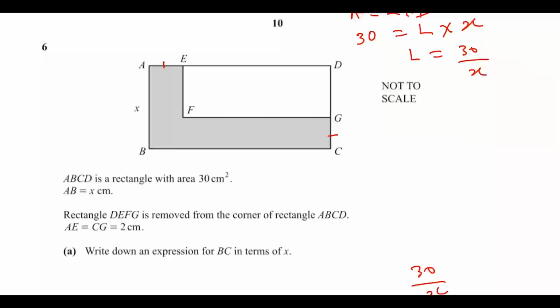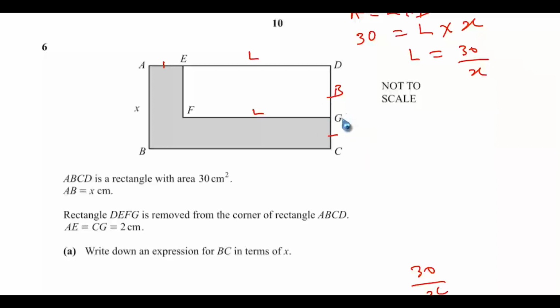DEFG. The area of the rectangle DEFG will also be length times breadth. ED is the length and is the same as FG. DG and EF are also equal, so you can say they are the breadth.